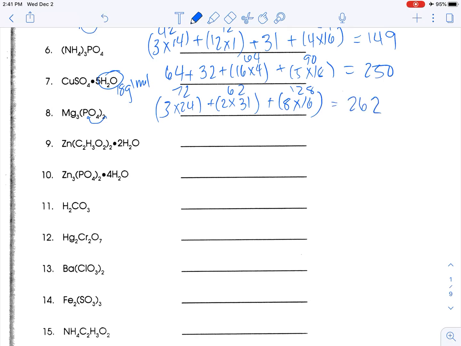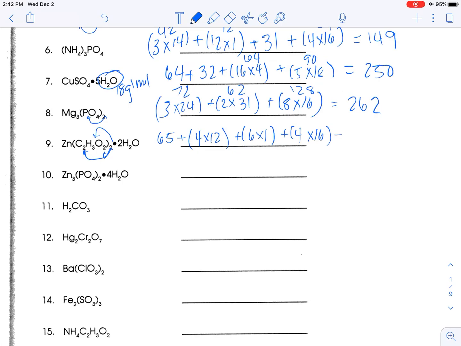Okay, zinc acetate. Zinc, mass of 65 plus, okay, this looks crazy. 2 times 2, whoops, see, even I messed up. 4 carbons, each with a 12. Then we have 6 hydrogens, each with a mass of 1. Then we have 4 oxygens, each with a mass of 16. And that's just the beginning part.